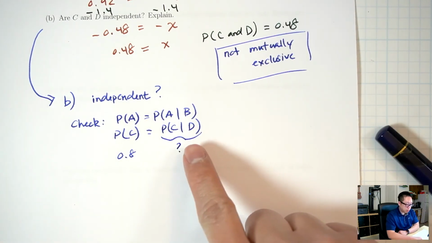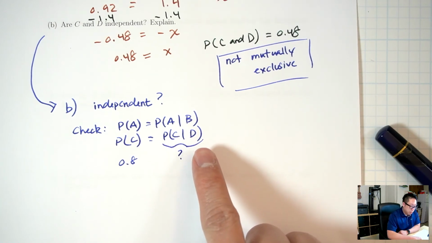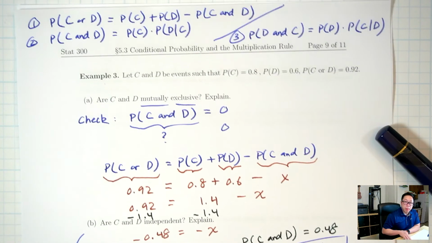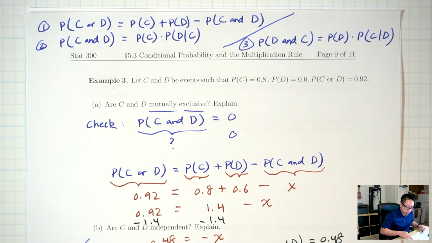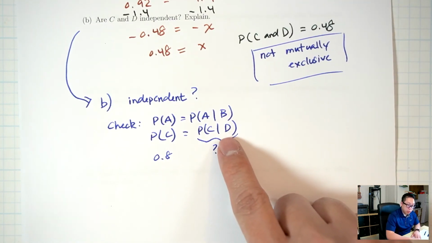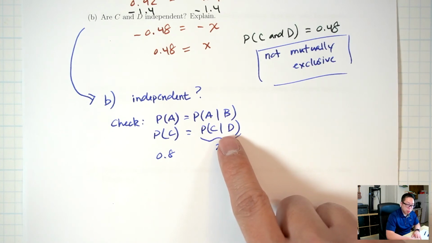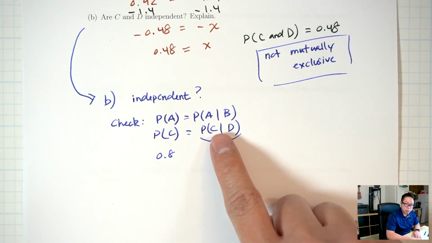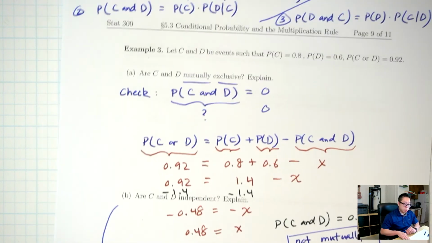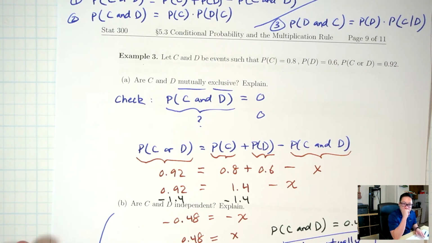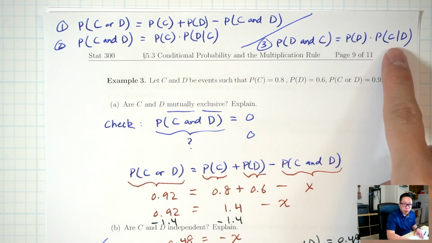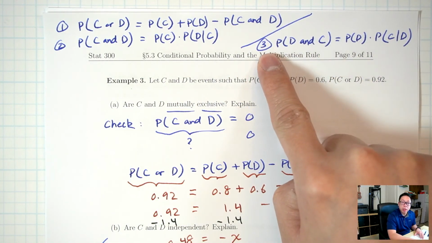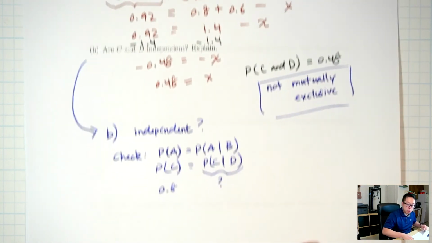So I have to find probability of C given D using one of these equations. All right, so which one is going to be useful to me? For the givens, the order does matter, so it needs to look exactly like that, C given D in that order. Which equation? I see it right here. All right, so I'm going to use equation 3.